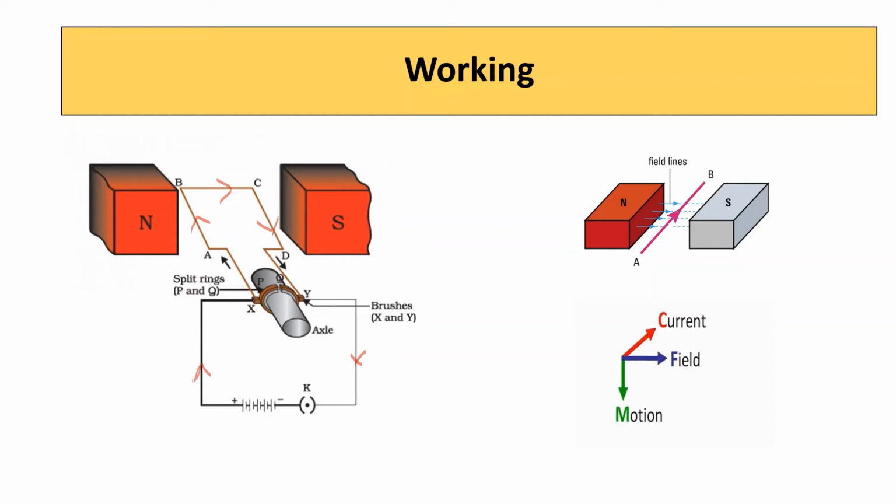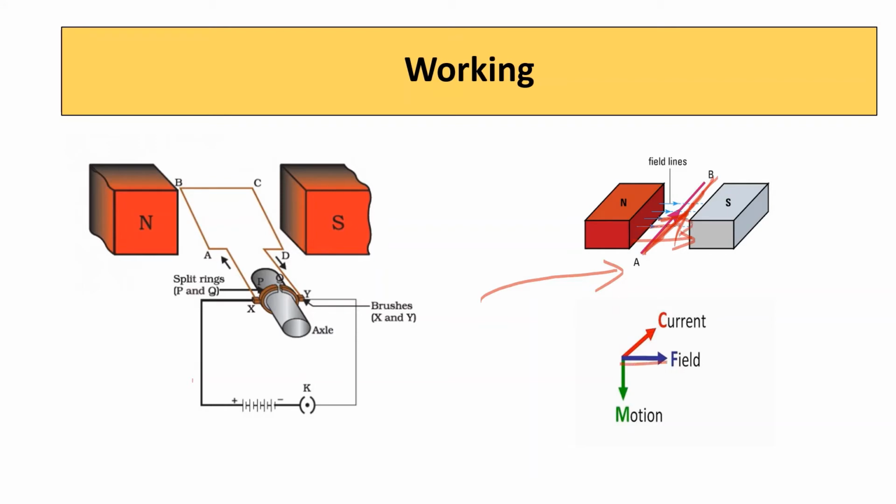Let us consider the current flow in this arm AB. The current is flowing from A to B. The current flowing from A to B is shown separately here. The magnetic field lines are from north to south.